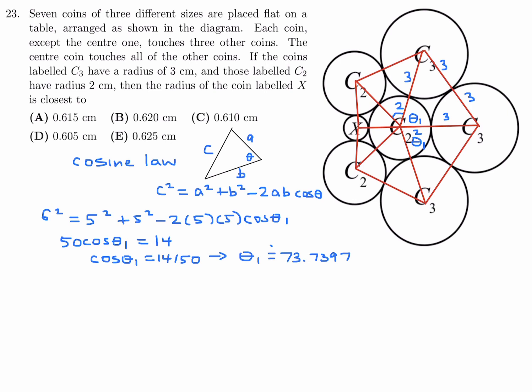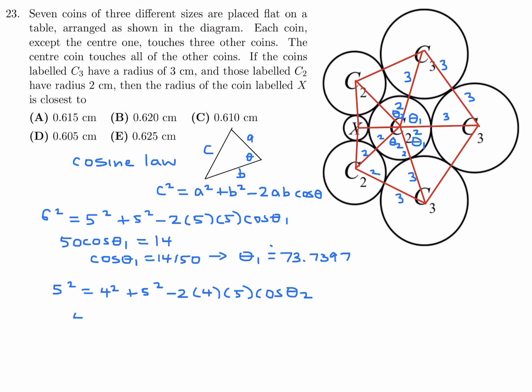Now let's try to figure out these angles. Those are going to be the same because those involve triangles of the same dimensions. So I'll call it theta 2 and theta 2, those two angles. Again, cosine law. Let's do it this time on this triangle. This is 2, this is 2, this is 2, this is 3, this is 2, this is 3. All right. Again, 5 squared is equal to 4 squared plus 5 squared minus 2 times 4 times 5 cos theta 2.